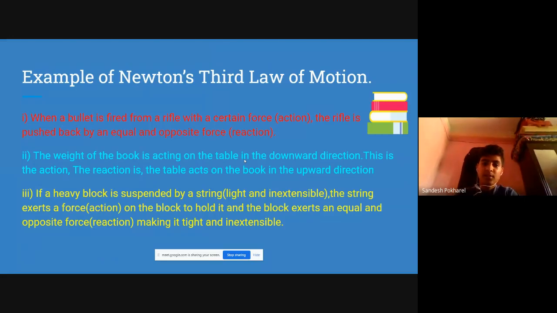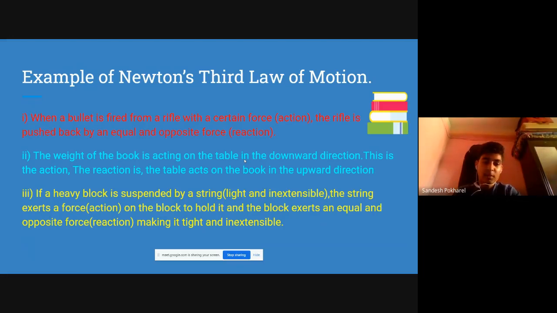Example of Newton's third law of motion. First, when a bullet is fired from a rifle with a certain force of action, the rifle is pushed back by an equal and opposite force. Second, the weight of the book is acting on the table in the downward direction. This is the action. The reaction is the table acts on the book in the upward direction.